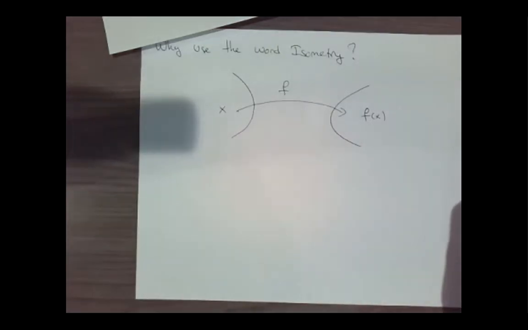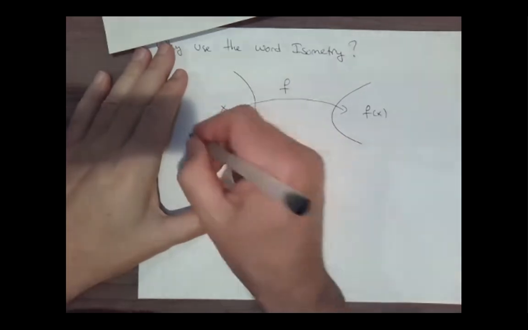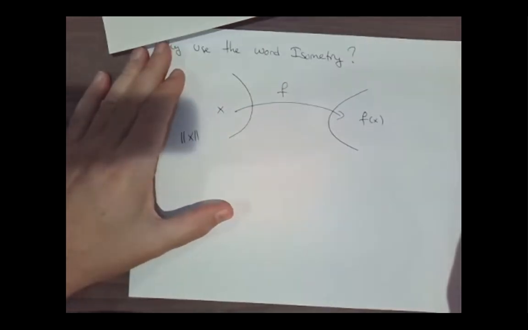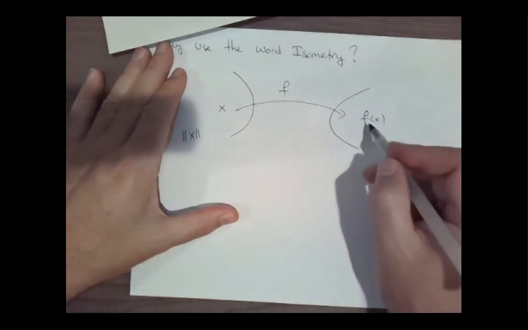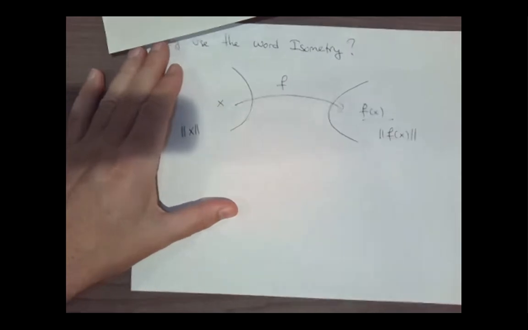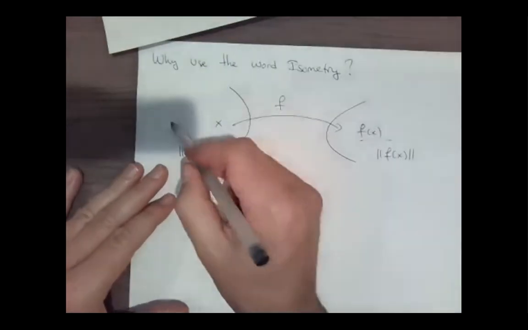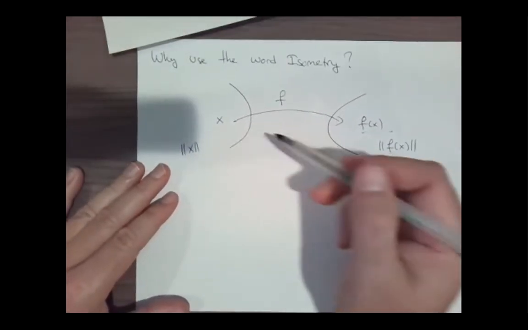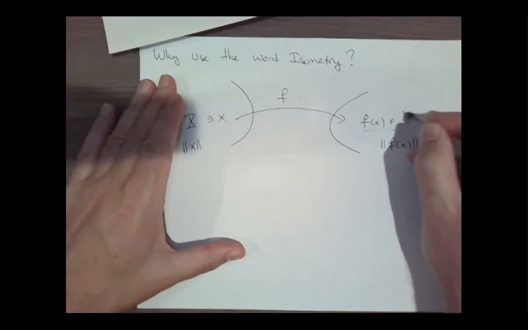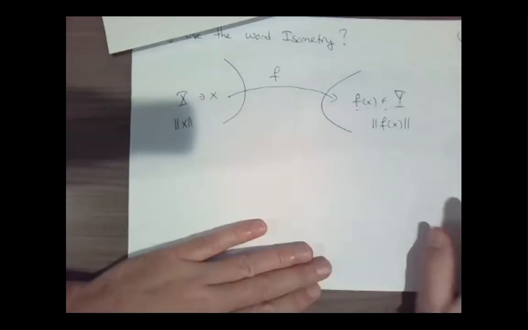So when is f an isometry? Well, I'll be interested in measuring the length of x, and I'll be interested in measuring the length of f of x. So here, this is in some space, call it capital X, and maybe we'll call this thing here capital Y. So when will I call f an isometry?